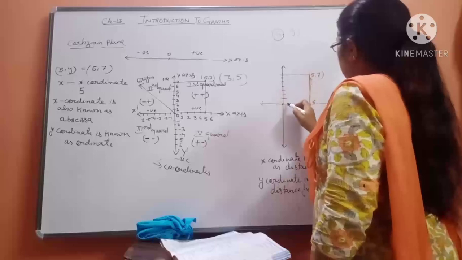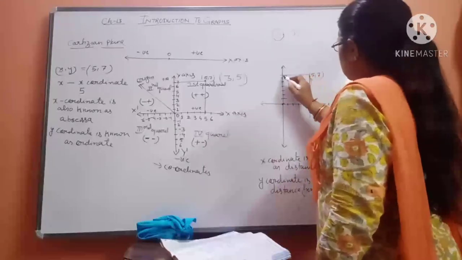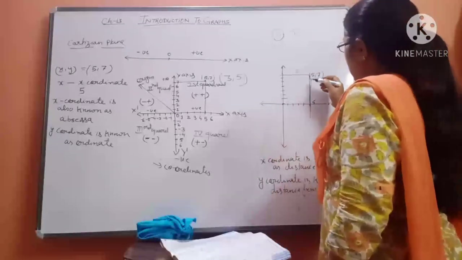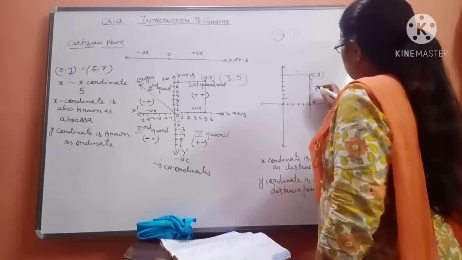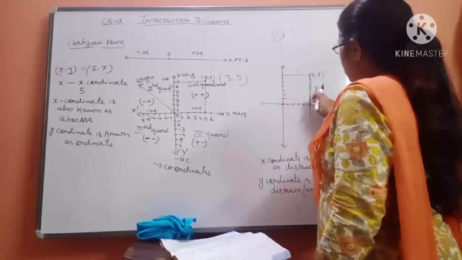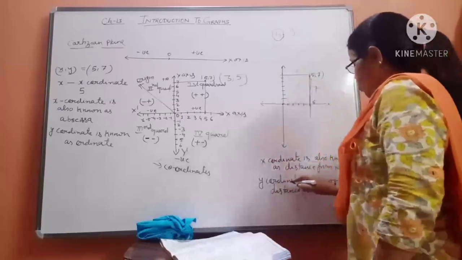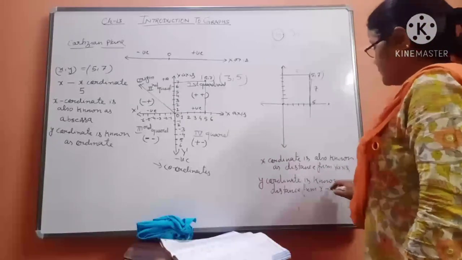If you join this, how much is it becoming? It is 5. And this was 7 points away. So this is the distance from the y-axis and this is the distance from the x-axis. So the y coordinate is known as the distance from the x-axis.